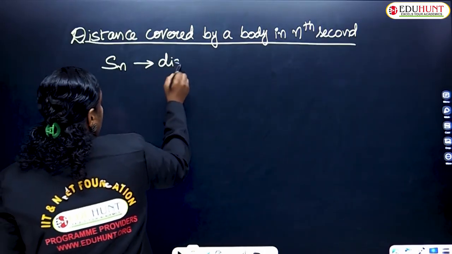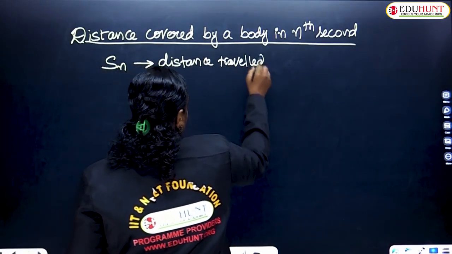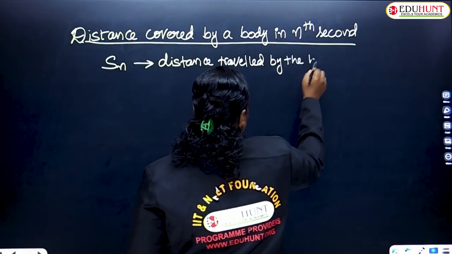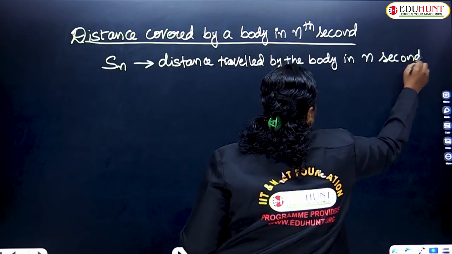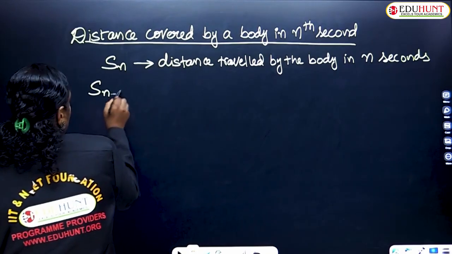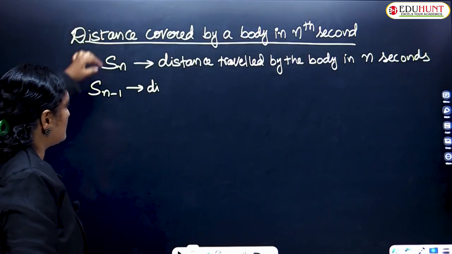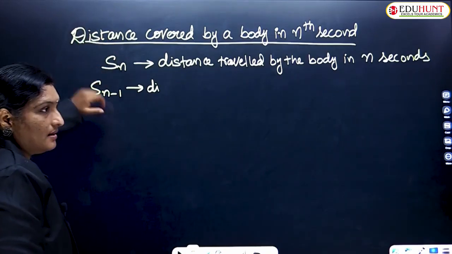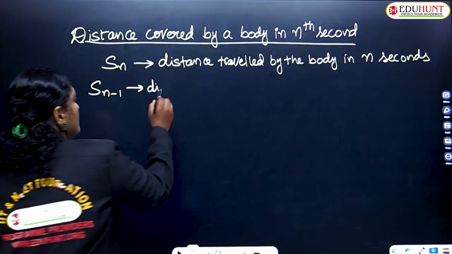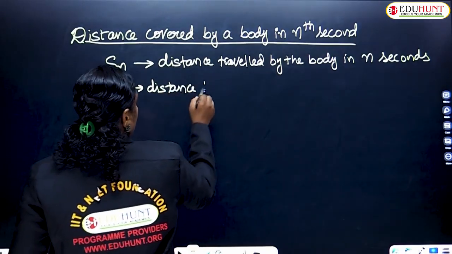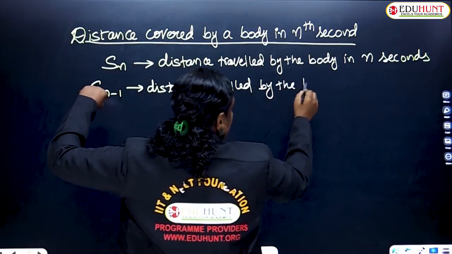So Sn indicates the distance travelled by the body in n seconds, and S(n minus 1) is for the previous time. Suppose n is 7 seconds, then n minus 1 means 6 seconds. That is the distance travelled by the body 1 second before that.